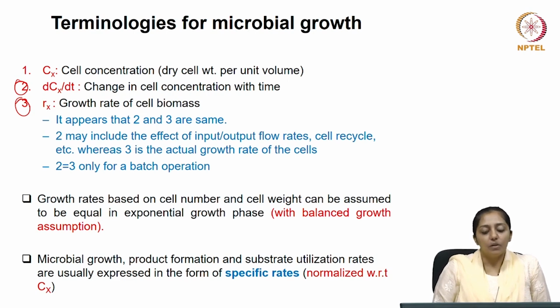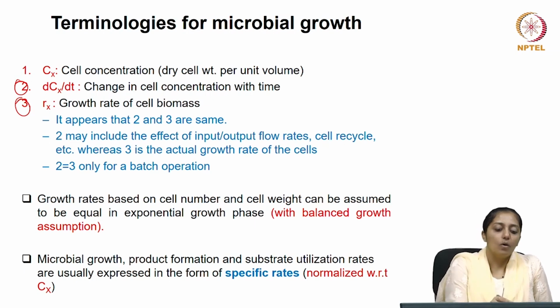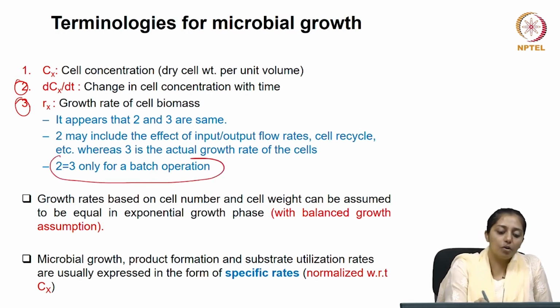Now, 2 may include the effect of input and output flow rates or the cell recycle, whereas 3 is the actual growth rate of the cell, and this is how 2 may or may not be equal to 3, and 2 is equal to 3 only for a batch operation.